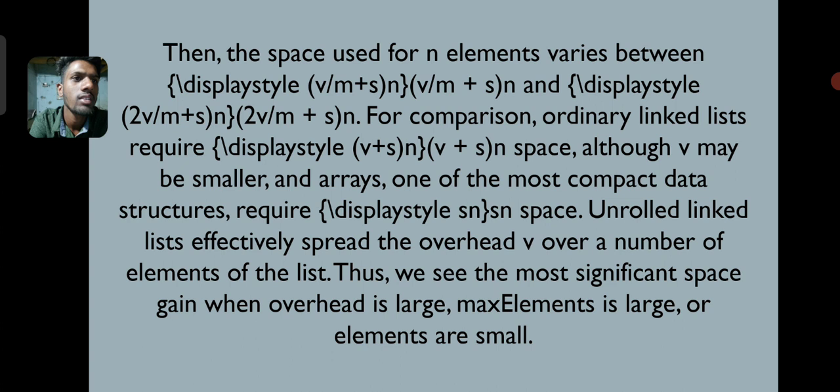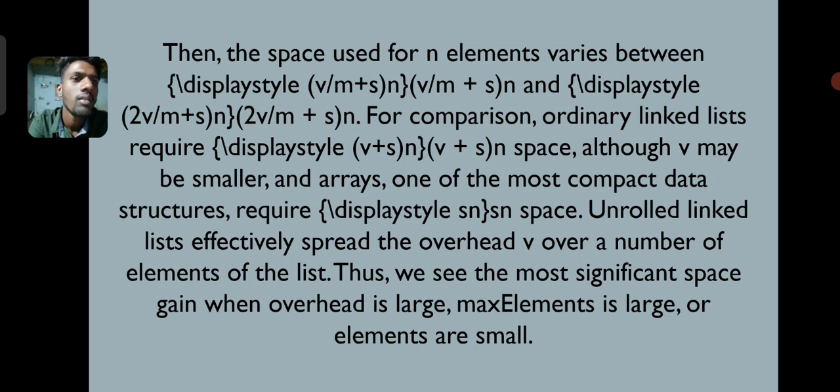For comparison, ordinary linked lists require v plus s times n space, although v may be smaller, and arrays, one of the most compact data structures, require s times n space. Unrolled linked lists effectively spread the overhead v over a number of elements of the list.